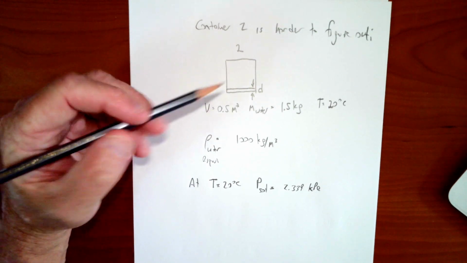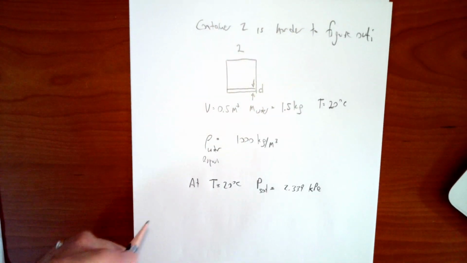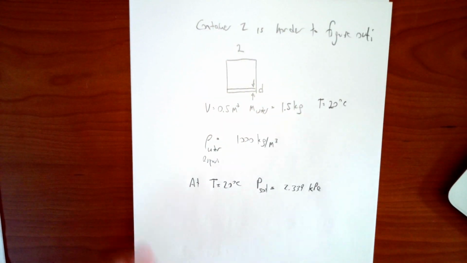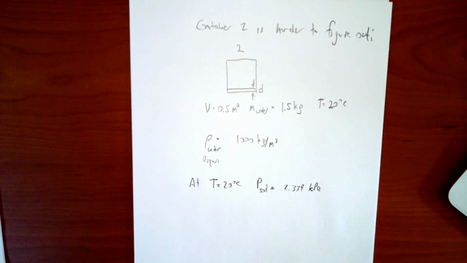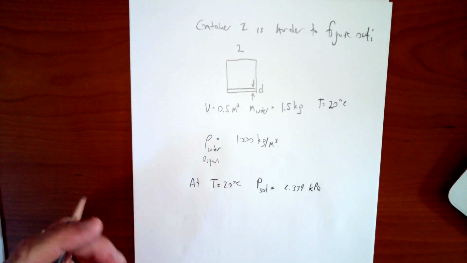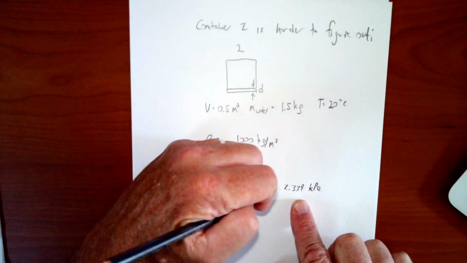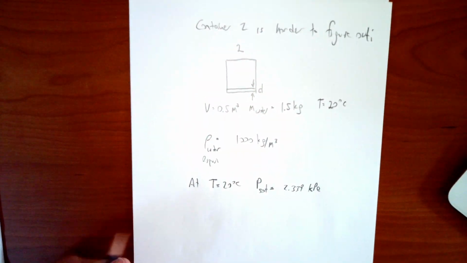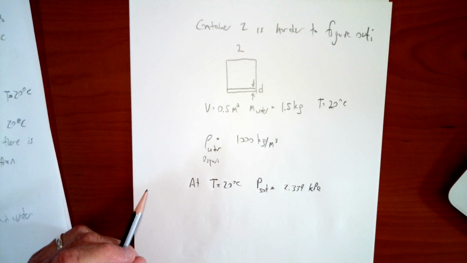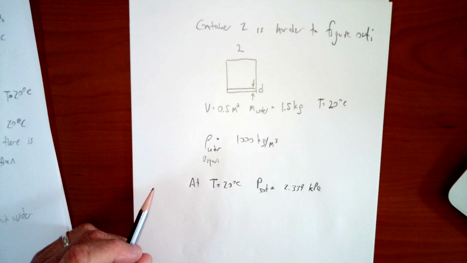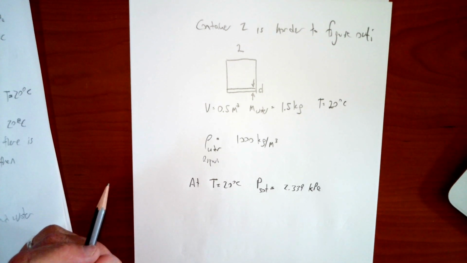And if it boils, then it's going to keep boiling until either you run out of water, that is, all of the water turns into a vapor phase, or you reach saturation pressure. In this case, I suspect that we will have enough water in this container to reach saturation pressure. We'll verify that by calculating volumes later.